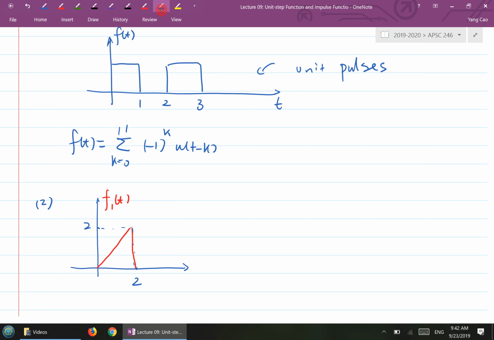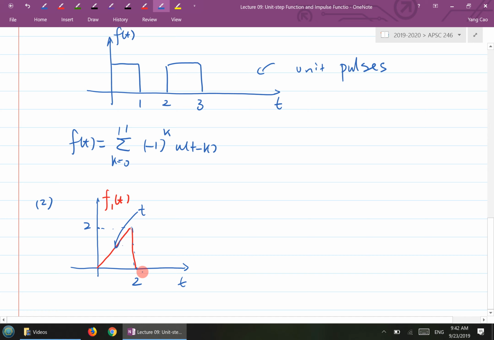We present a piecewise graph f1 of t, and you can describe it using piecewise language: f1 of t equals 0 when t is less than 0, and f1 of t equals t when t is between 0 and 2, and f1 of t is 0 again when t is greater than 2. That's how you would describe this piecewise function.